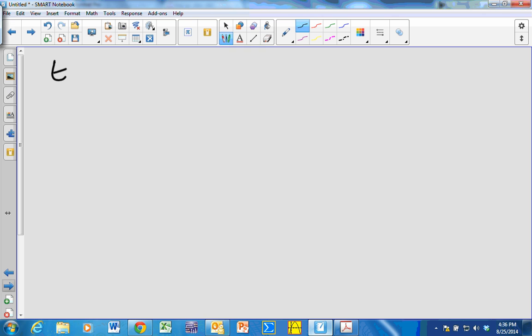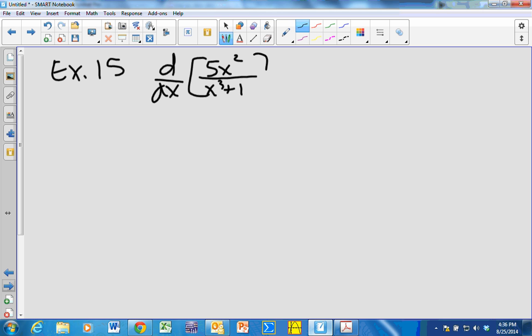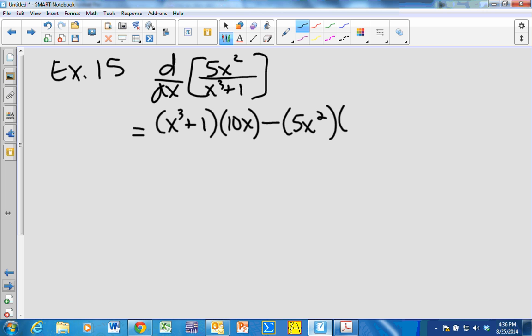Okay, last example, example 15. So we are taking the derivative of 5x squared over x cubed plus 1. So again, just say it in your head when you're doing it. It's bottom times the derivative of the top minus the top times the derivative of the bottom, all over bottom squared.